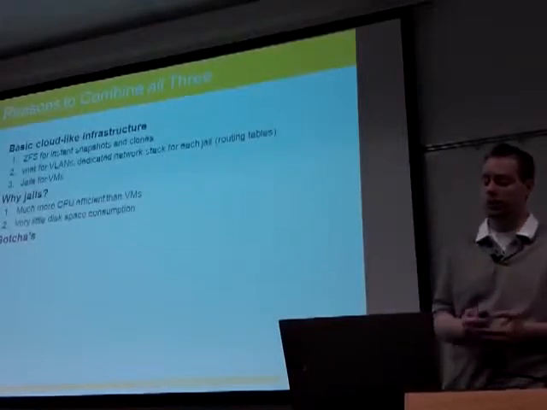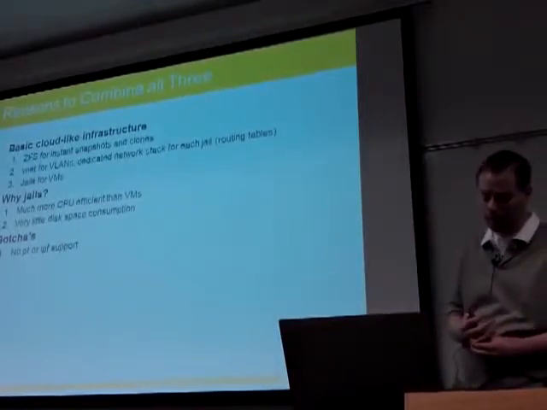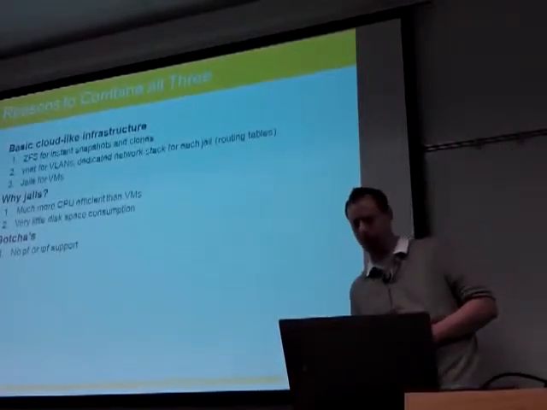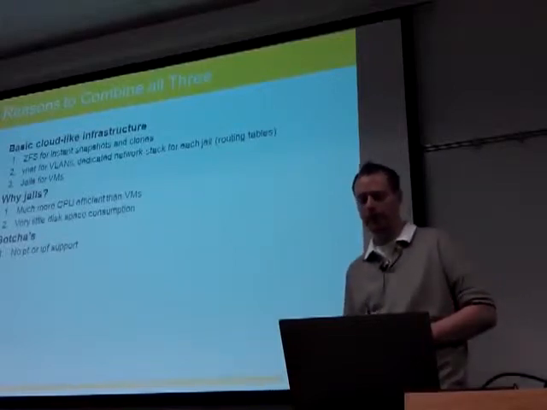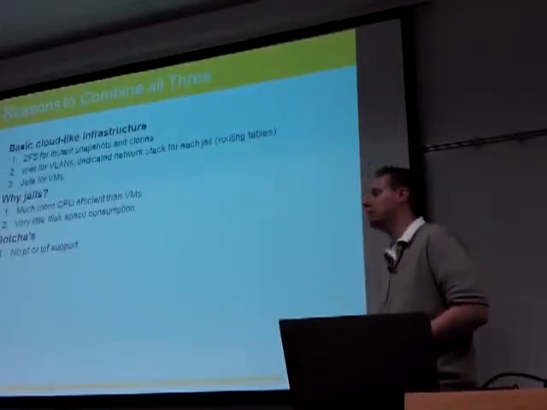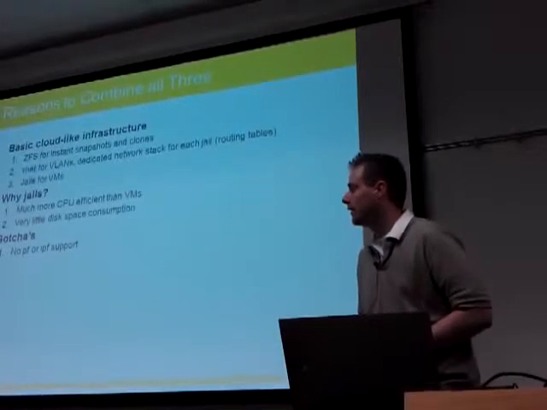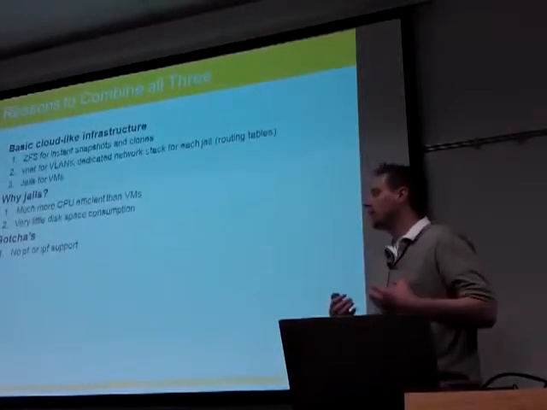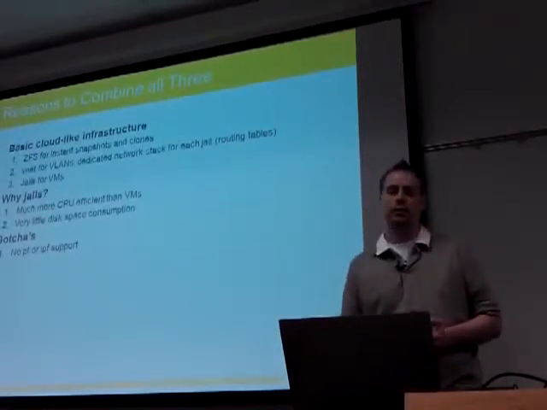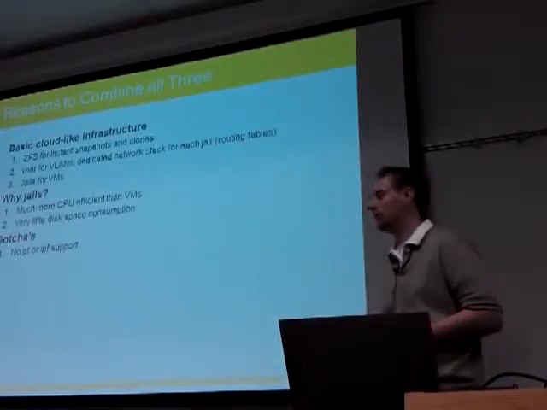There are some gotchas though. PF is a very popular firewall for FreeBSD and OpenBSD, and I think NetBSD has it too, but I could be wrong on that. And when you use VNET, you cannot use PF currently.